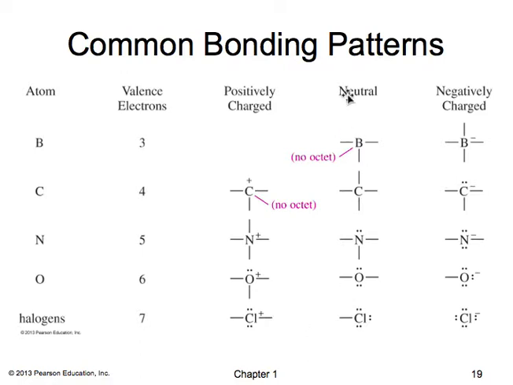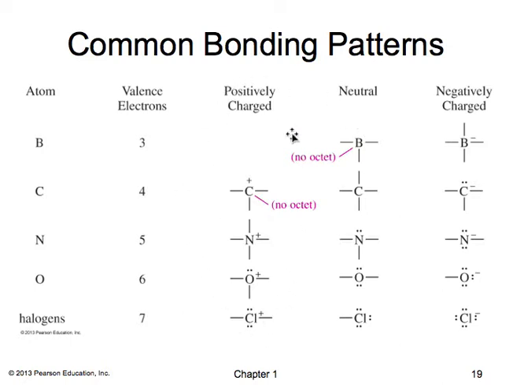If we look at the common bonding patterns when we're just looking at a neutral atom, boron usually has 3 bonds. Carbon is 4, nitrogen has 3 with a lone pair, oxygen has 2 with 2 lone pairs, and halogens usually have 1 with 3 lone pairs. So this is the neutral status of these elements or atoms.